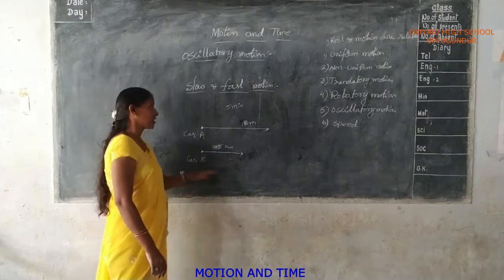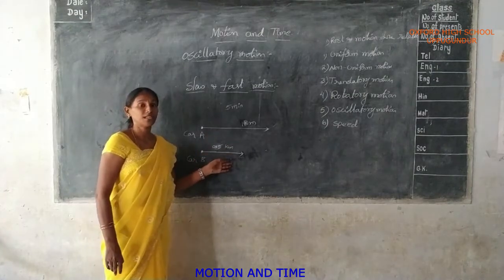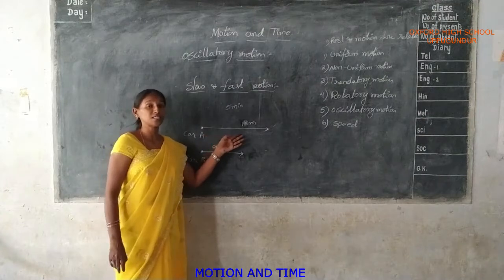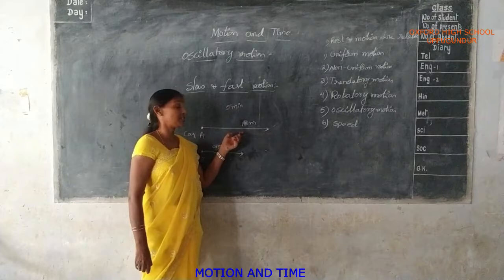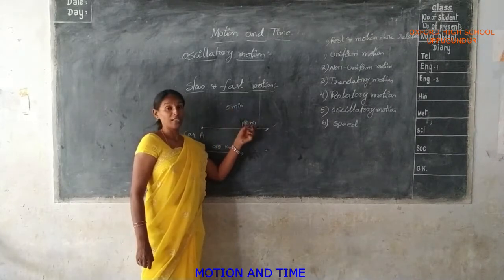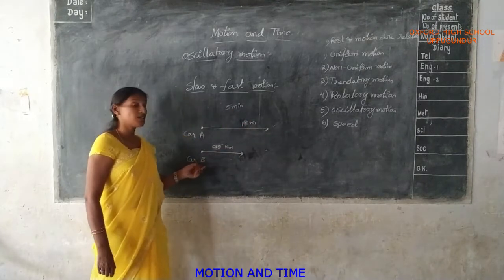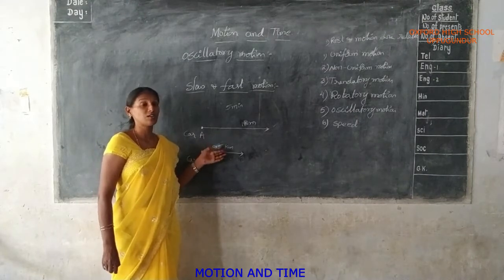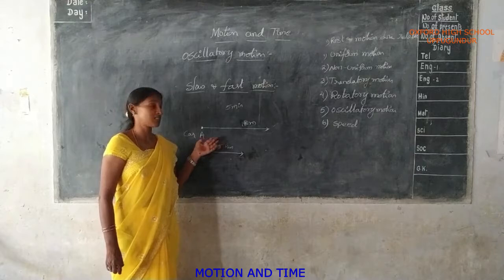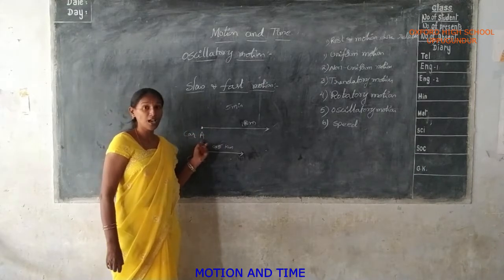So see, the time intervals are the same, but the distance covered is different. Yes or no? In 5 minutes car A completes 1 kilometer, but car B completes 0.5 kilometer. So which car is moving very fast, car A or car B?